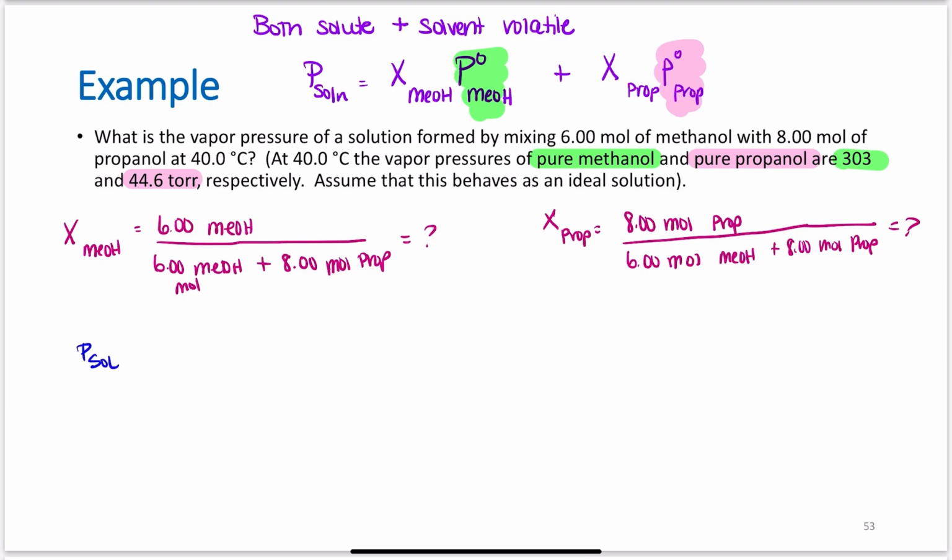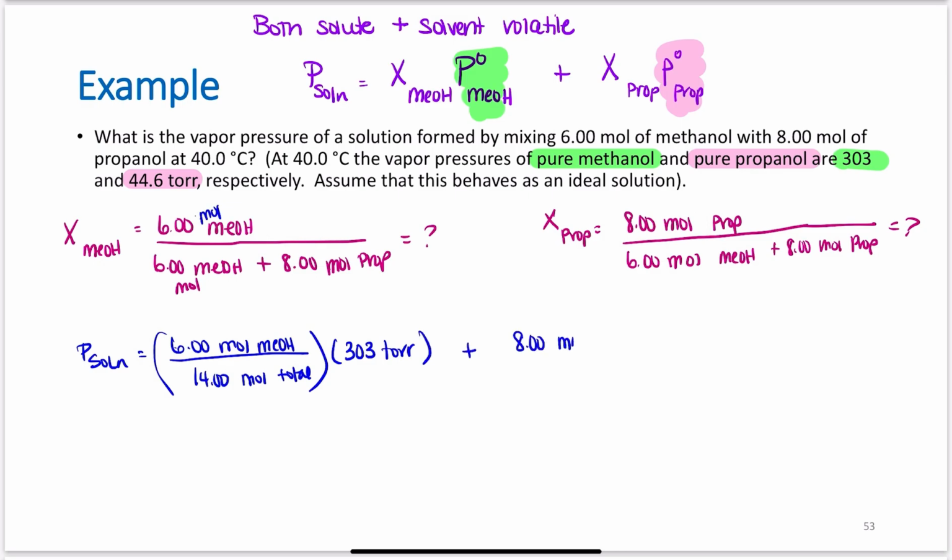The pressure of this solution is equal to 6 moles of methanol divided by 14 moles total, times the vapor pressure of methanol, which is 303 torr, plus the mole fraction of propanol, 8 moles of propanol divided by 14 moles total, times the vapor pressure of propanol, 44.6 torr.